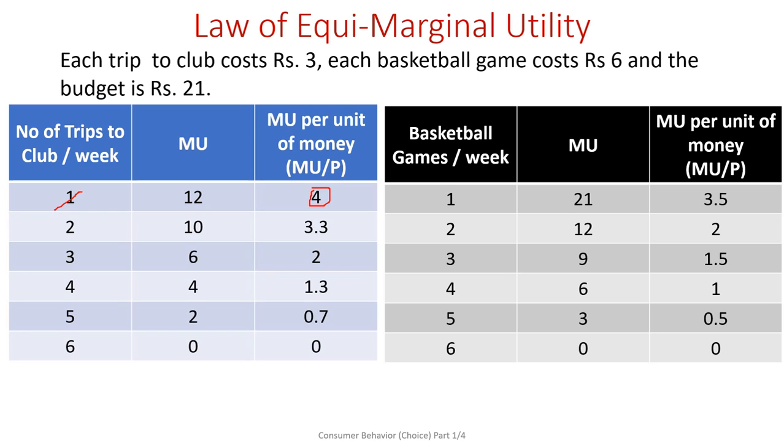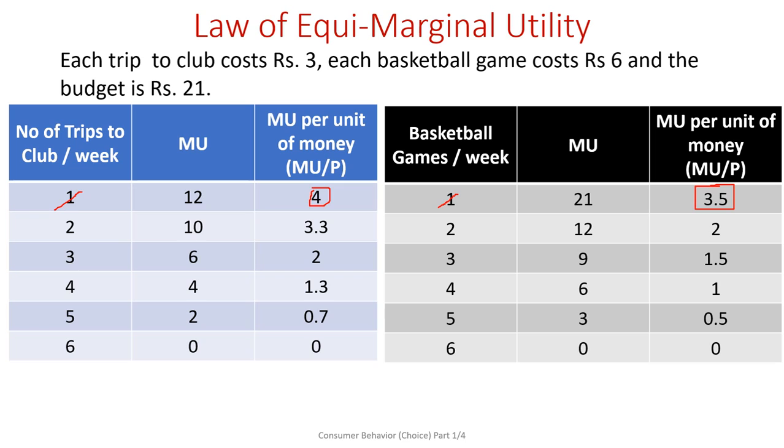Whereas if he goes to play basketball, this will be his first match and the marginal utility of playing basketball per unit of money will be 3.5. Clearly, the person should go for the basketball game and spend rupees 6 on it and get a utility of 21.